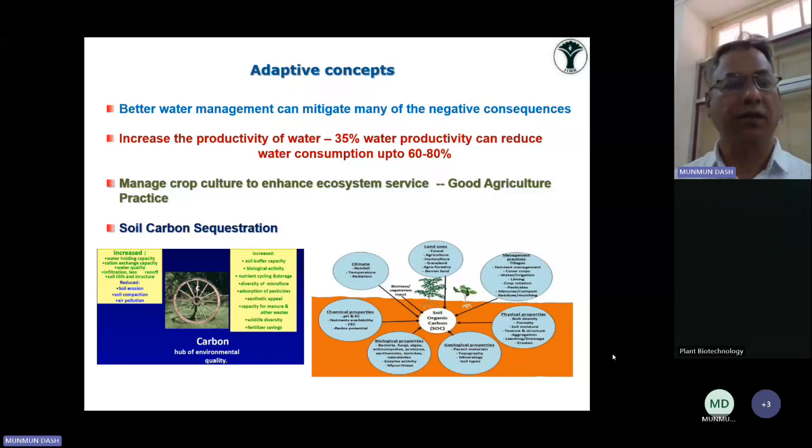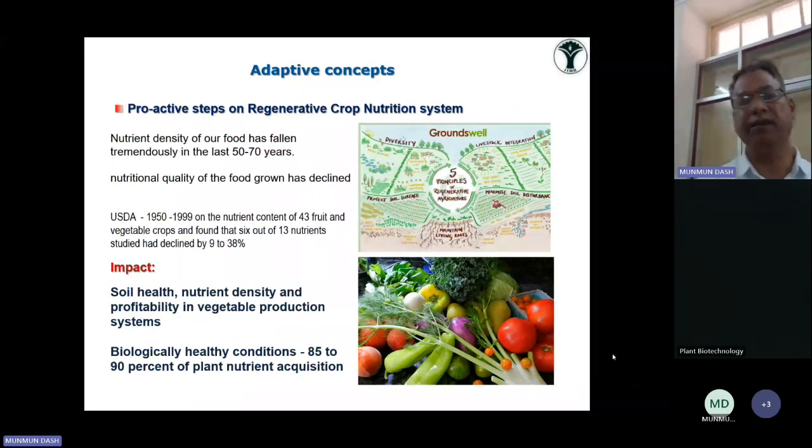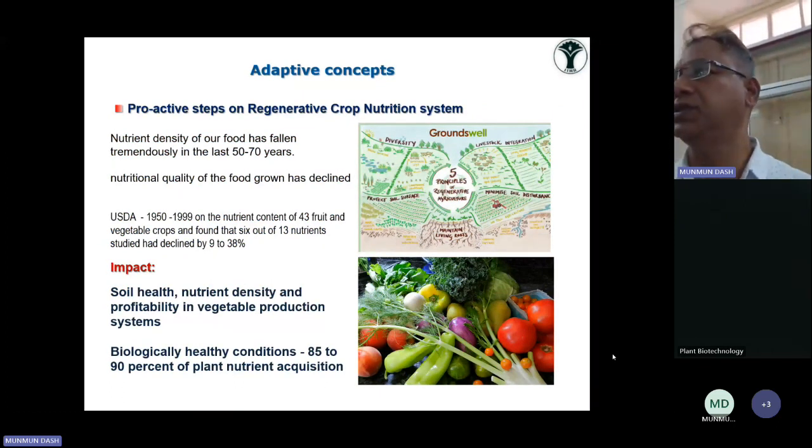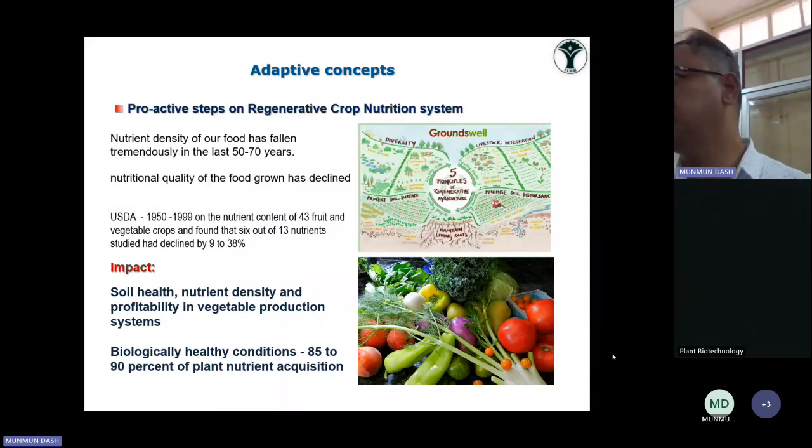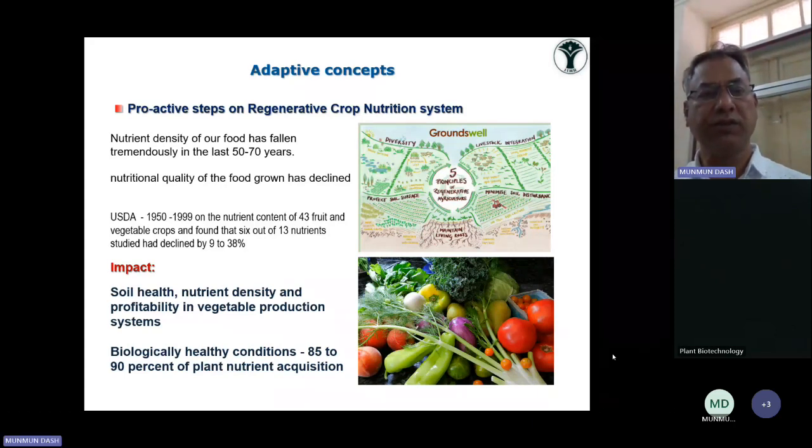The most proactive step presently required is a regenerative crop nutrition system, because we have seen almost 70 to 80% of the nutrient density in our food come down, according to an FAO assessment. USDA, the United States Department of Agriculture, assessed from 1950 to 1999 the nutrient content of 43 fruit and vegetable crops and found that 6 out of 13 nutrients studied declined by 9 to 38% in nutrient density. This has led to malnutrition in most third world countries.